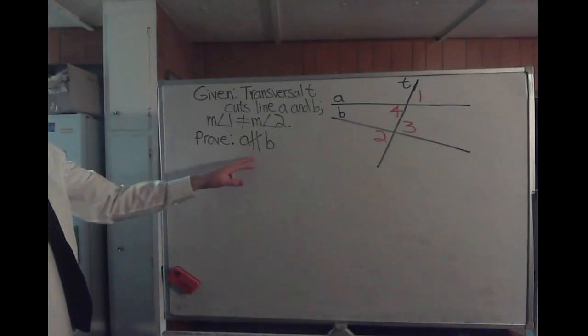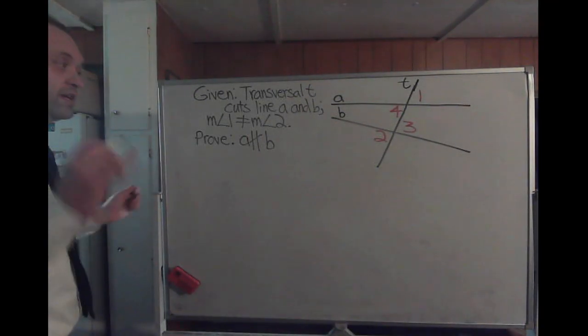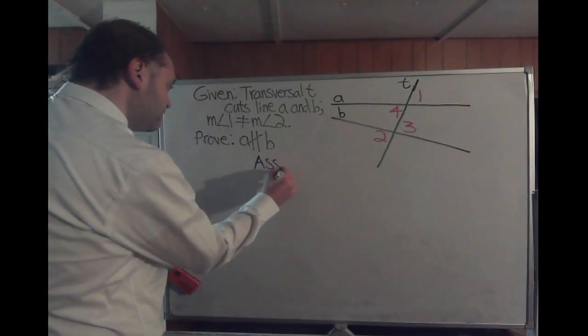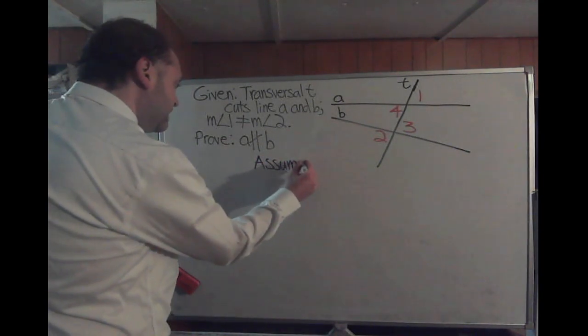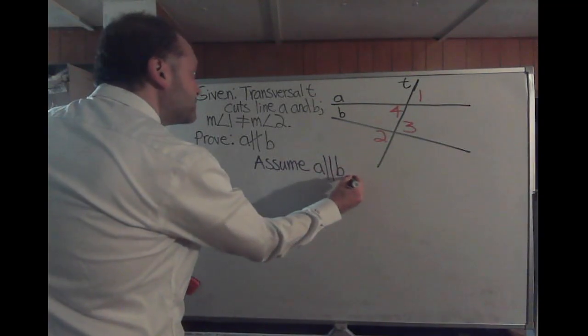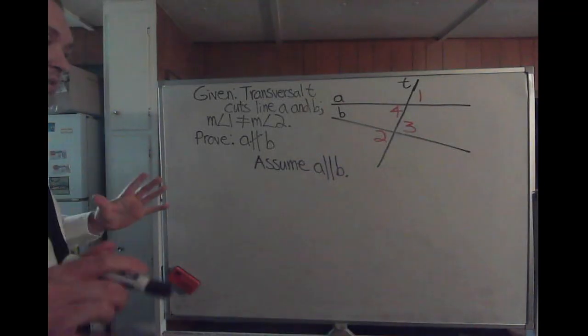We have to prove that A is not parallel to B. So here's how we're going to start for an indirect proof. Assume A is parallel to B.